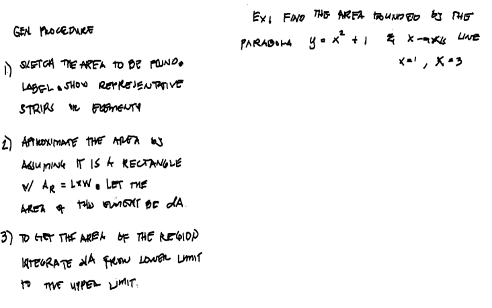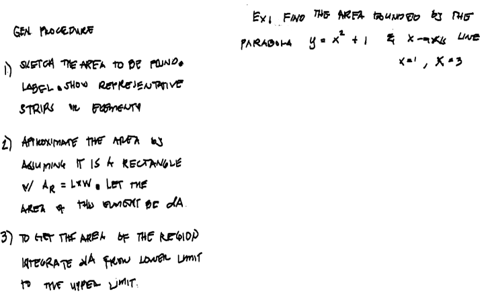And then we let the area of the element be equal to dA, or the derivative of A. And then the third step is to get the area of the region by integrating this dA from the lower limit to the upper limit of our given sample. Okay, so to further illustrate this general procedure, let us now go to our example 1.